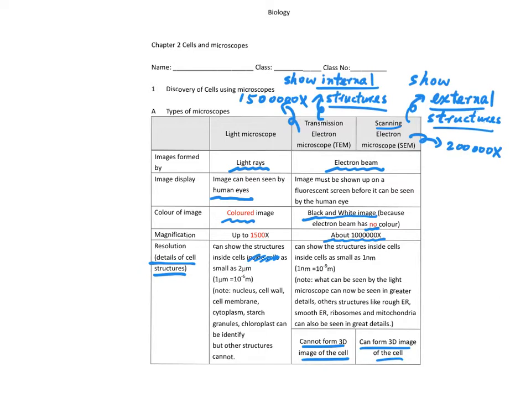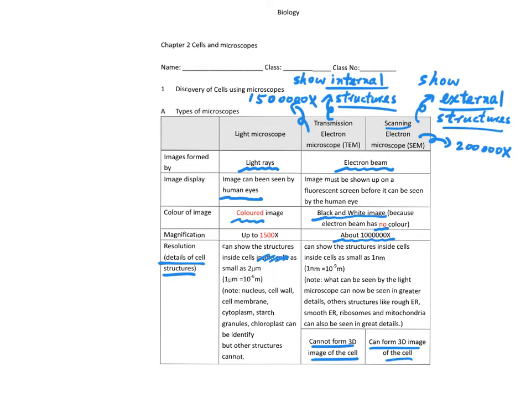At this level of resolution, structures such as nucleus, cell wall, cell membrane, cytoplasm, starch granules, and chloroplast can be identified, while other structures cannot.